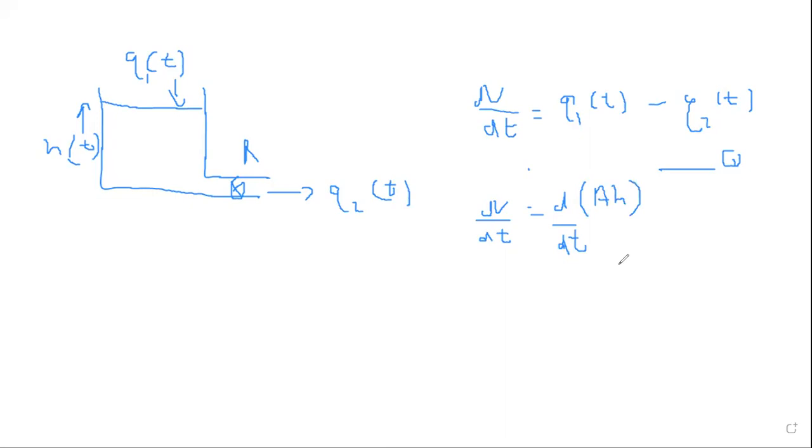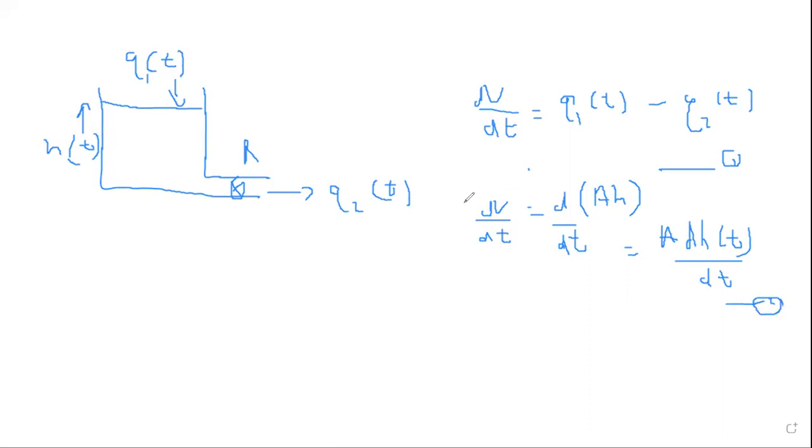So we get the relationship as A dh over dt. This is the second relationship. This is what we derived earlier for the cylinder.